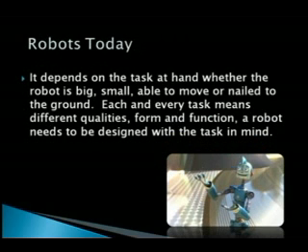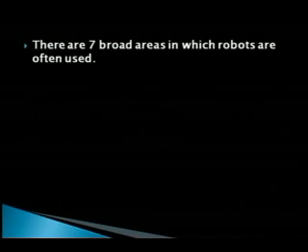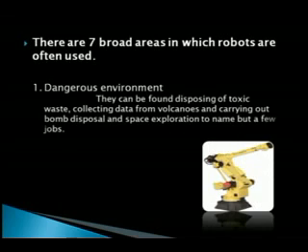Robots today depend on the task at hand, whether the robot is big, small, able to move, or nailed to the ground. Each and every task means different qualities, form and function. Robots need to be designed with a task in mind. There are seven broad areas in which robots are often used.